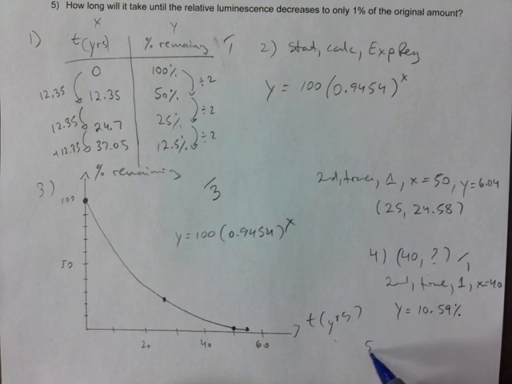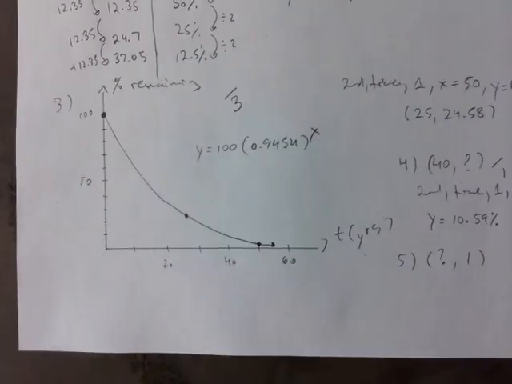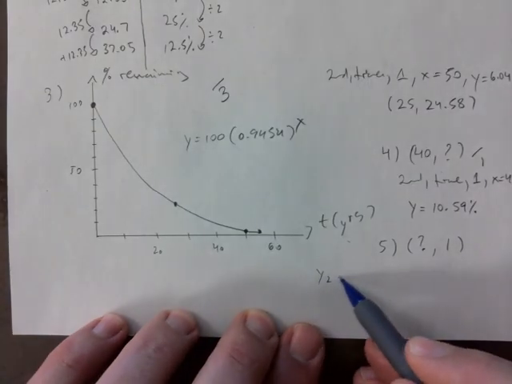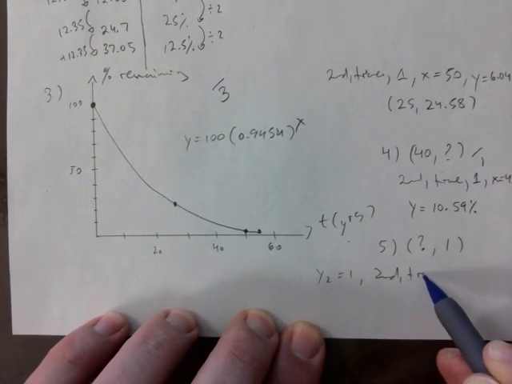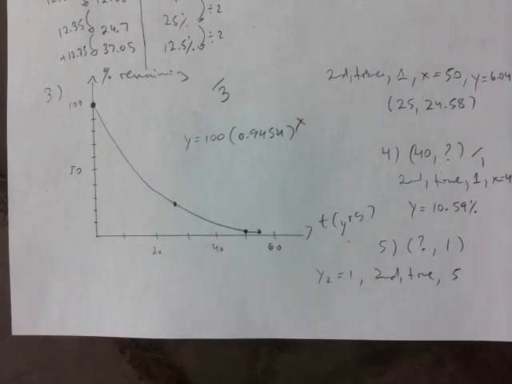And then question 5, how long will it take until the relative luminescence decreases to only 1%? So they're saying how long if y is 1. It's basically what they're asking. So y2 is equal to 1, second trace 5. And of course you need to make sure your window sees that intersection, right?